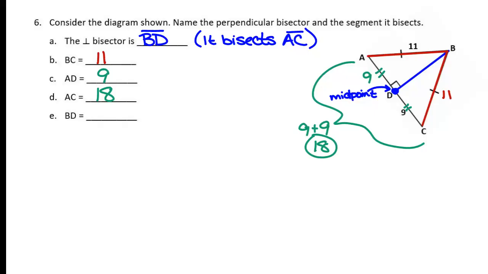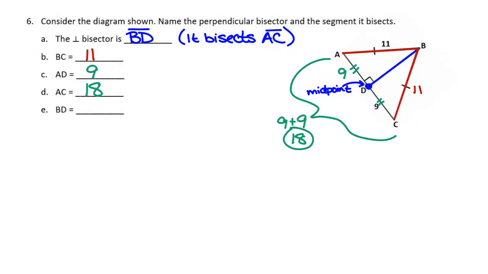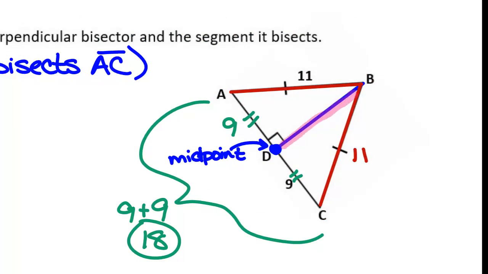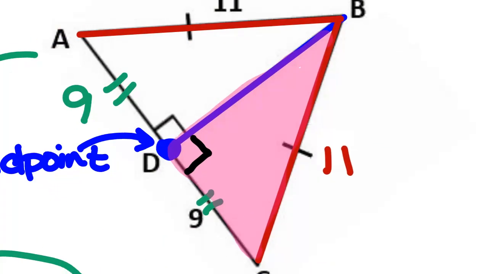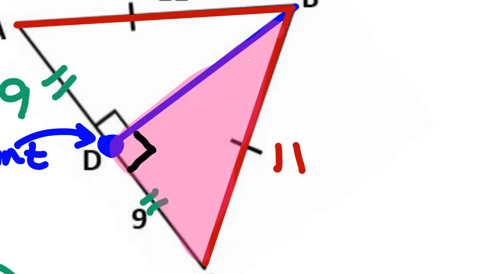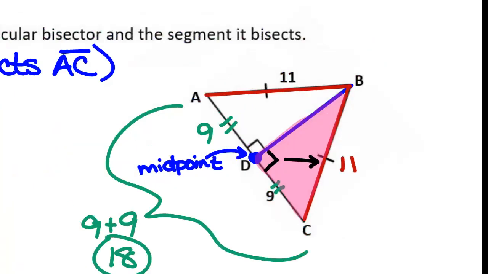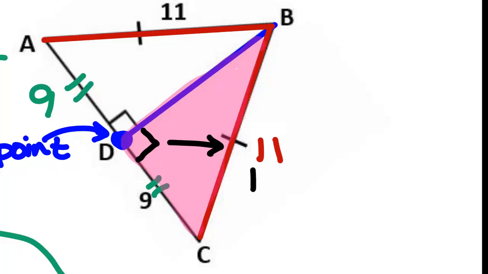There is one more piece they want me to find. They want me to find the length of BD. In order to do that, I have to look at this right here as a right triangle. We've got our right angle down here in the corner. Which side would be the hypotenuse? Which side is opposite the right angle? BC right here. This is my hypotenuse.